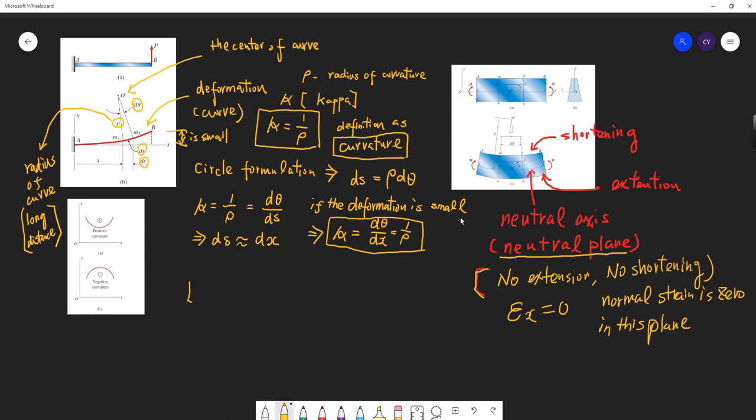If L1 is the length of EF, so here is L1.